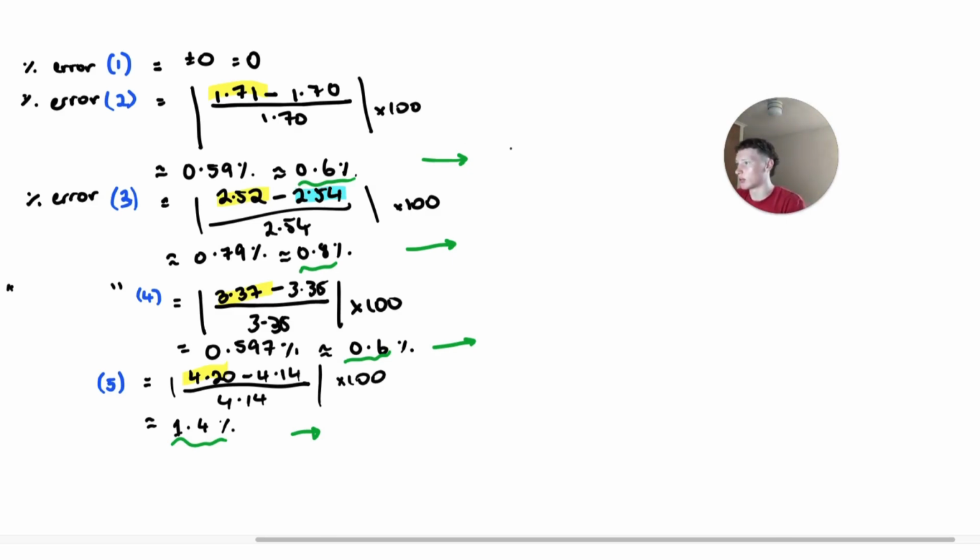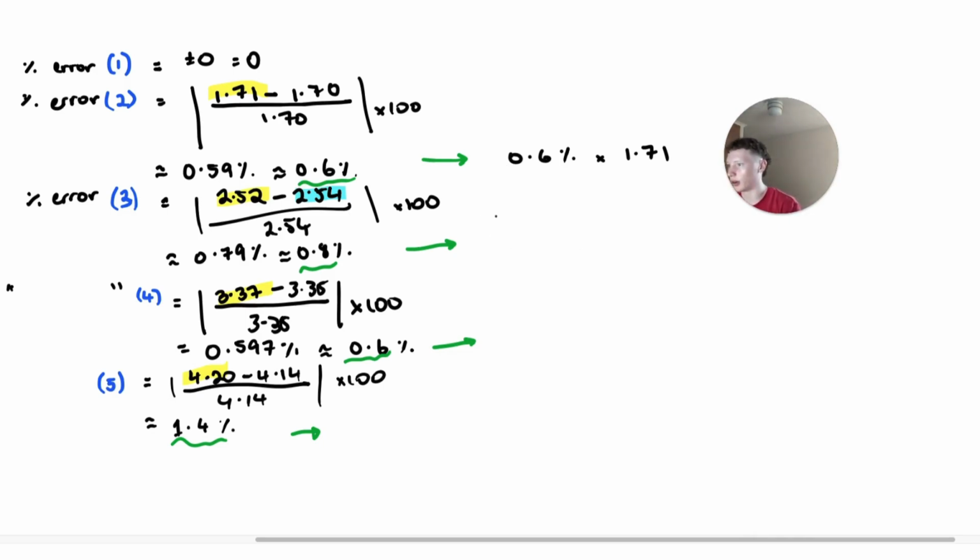Okay, so essentially all I'm going to do is say what is 0.6% of 1.71. You can either do this with the percentage button, or you can just convert this to a decimal.